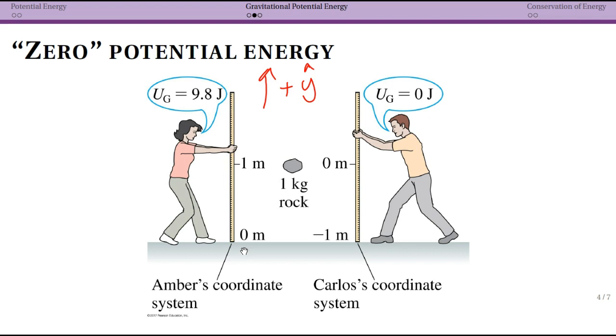The delta y in this case is the same. We would say that the delta y is equal to -1 meter in both cases because that's y final minus y initial. So please define your coordinate system, and as long as you are careful about your positive direction and how things are changing and you get your signs right, your calculations will still work out even if you put zero in a different place.